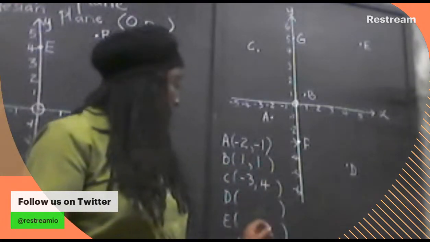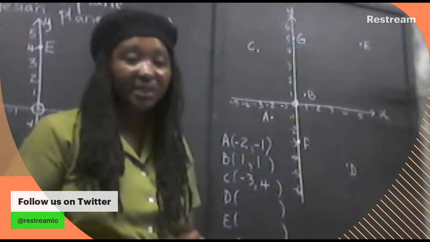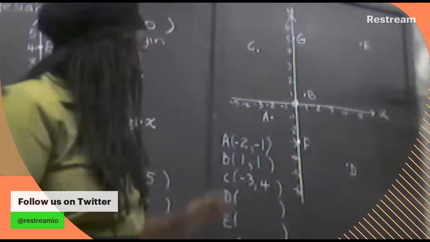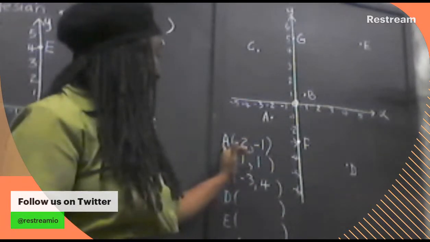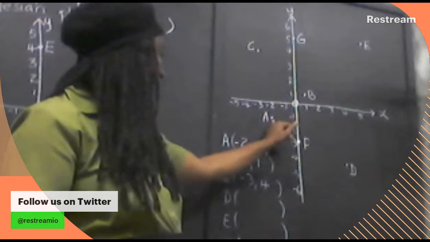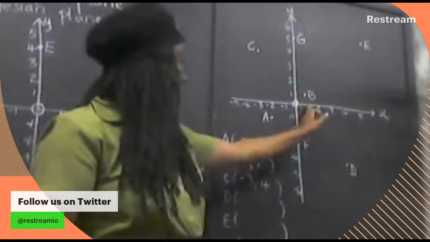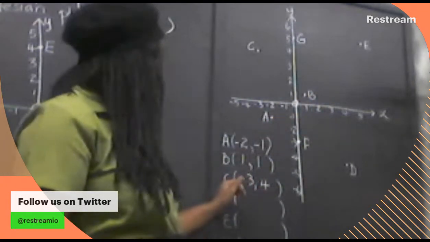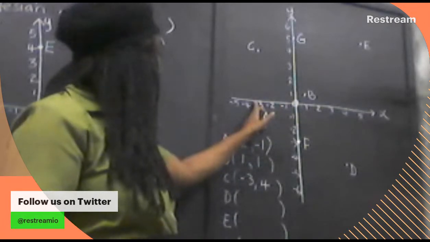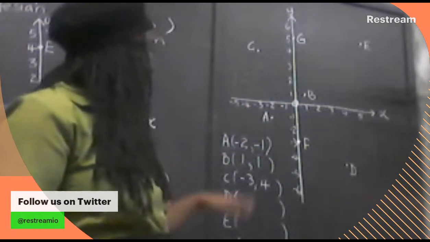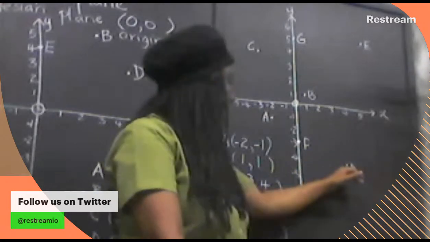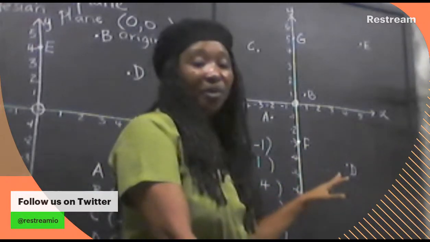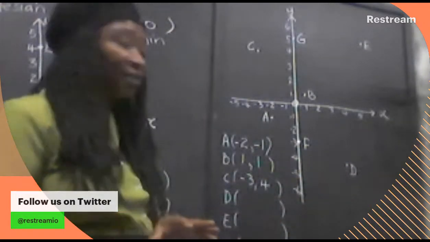So I'm assuming, does everybody agree so far that for A, it's -2, -1. For B it's 1, 1. And for C, -3, +4. All right, for D, D is over in the 4th quadrant.